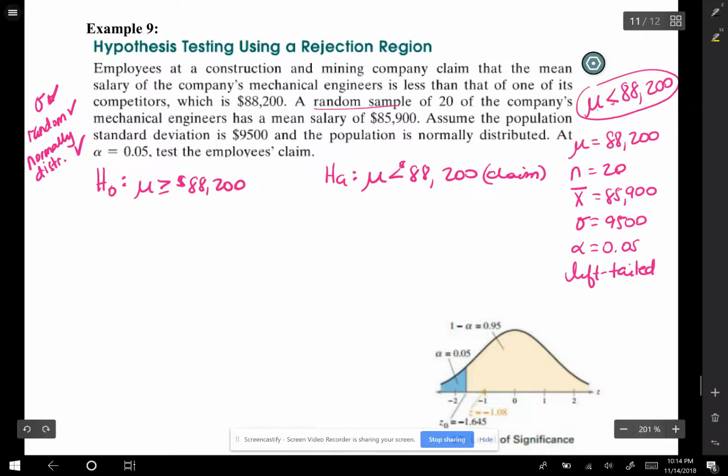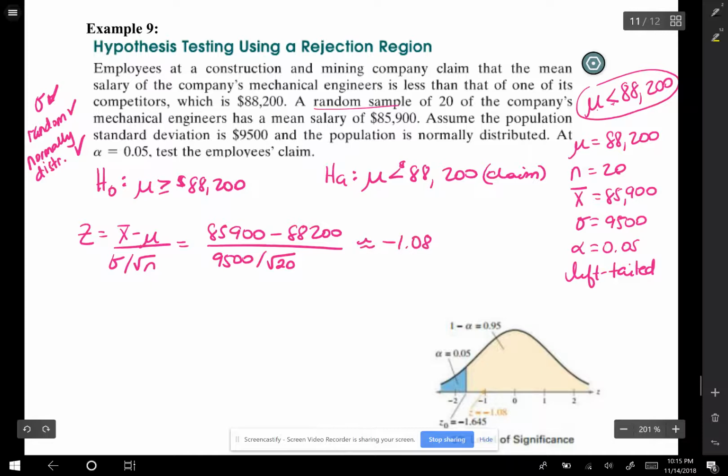And then we're going to calculate our z-value. So plug in the numbers that we've already written down. And this comes out to approximately negative 1.08.